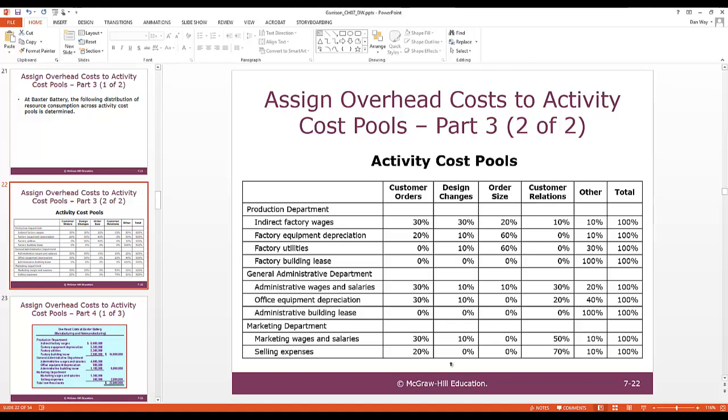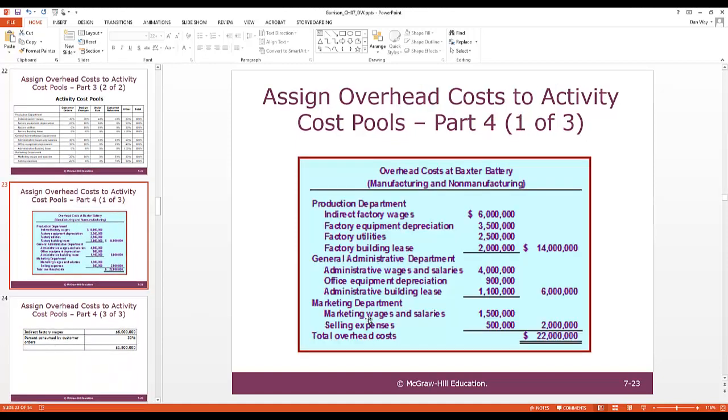So when we came up with that allocation matrix, we're going to use those percentages to allocate to those cost pools all of those costs that we previously saw on that cost schedule. Again, those were here in this blue box. Everything from indirect factory wages all the way down to selling expenses.